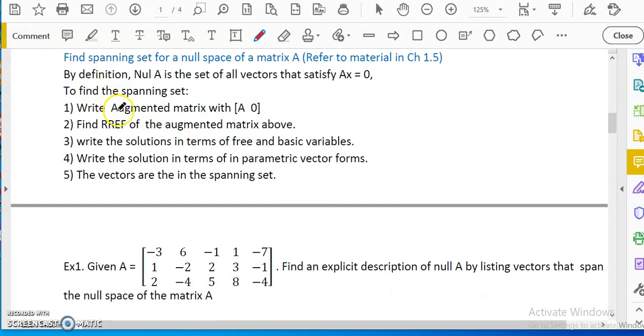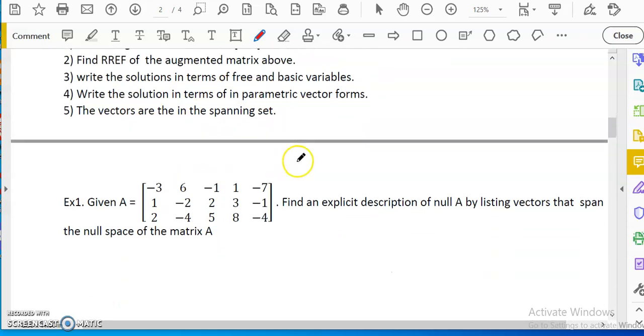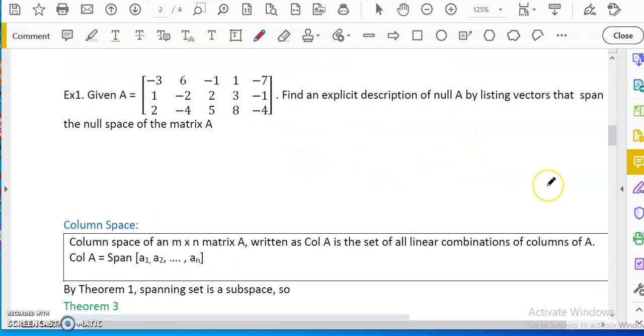To find it, you augment the columns of A with 0 because you're solving a homogeneous equation. Do the RREF of this augmented matrix. Write the solution in free and basic variables. Then rewrite them in parametric vector form. And then the vectors are in the spanning set. So let's do an example. I have this A here. Find the description of null A by listing the vectors that span it.